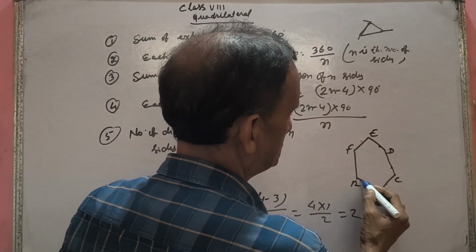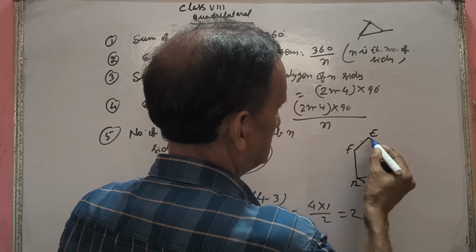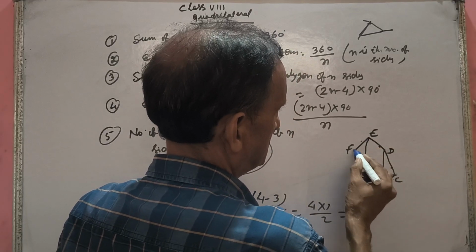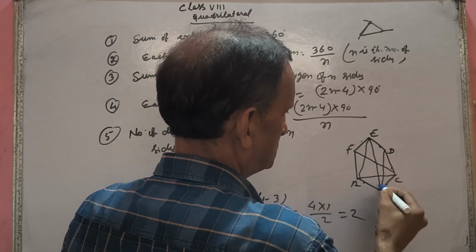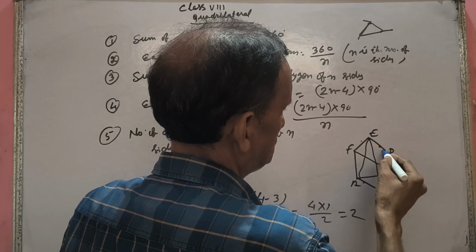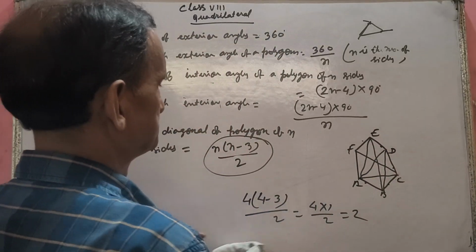The line joining two opposite vertices. So many opposite vertices are there, and someone will leave one out, making it difficult to count.